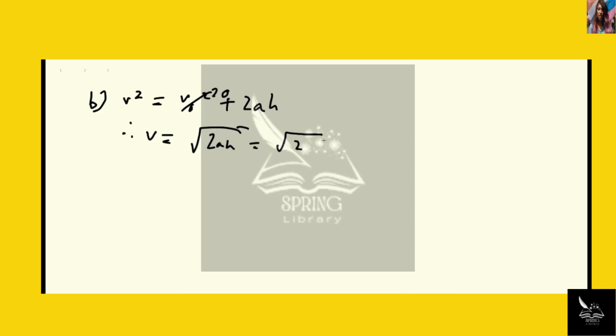In part B, we want to find the final velocity from kinematic equations. Final velocity squared is equal to initial velocity squared plus 2 times a times height. Initial velocity is 0, so the final velocity is the square root of 2 times a times h. We just found a, so it's 2 times 3.1 meters per second squared times h, which is 0.75 meters.